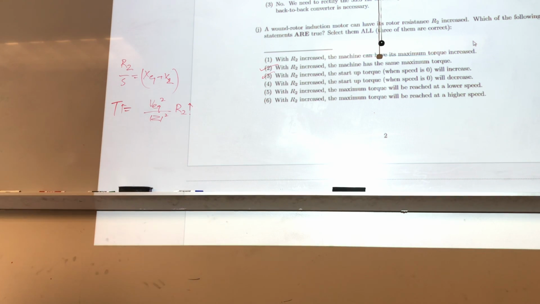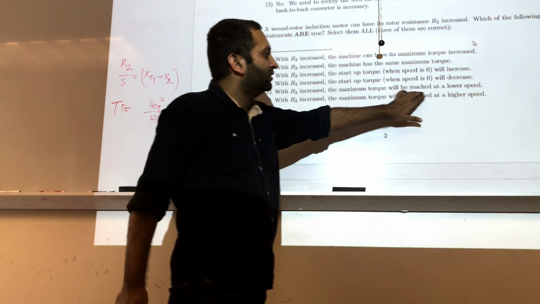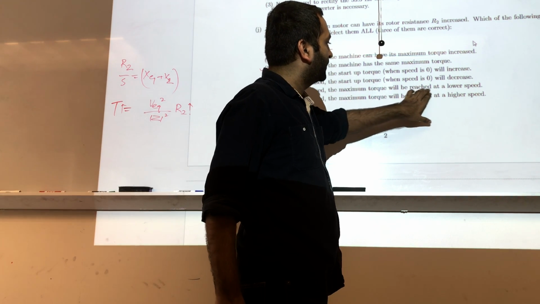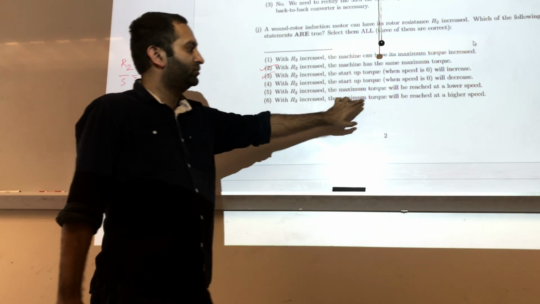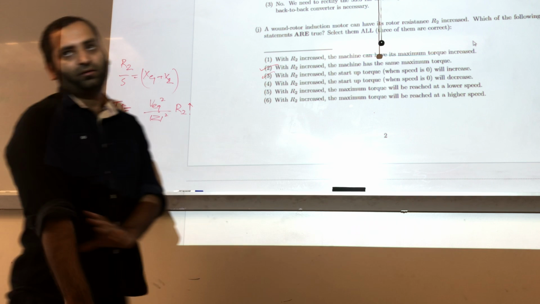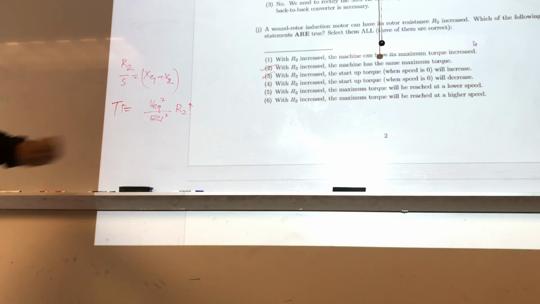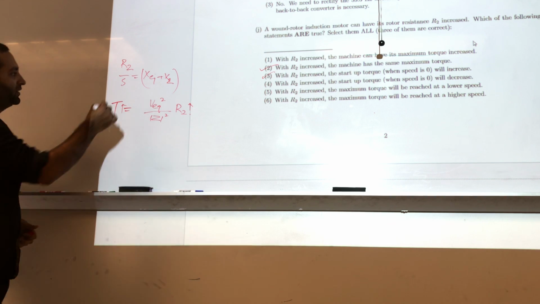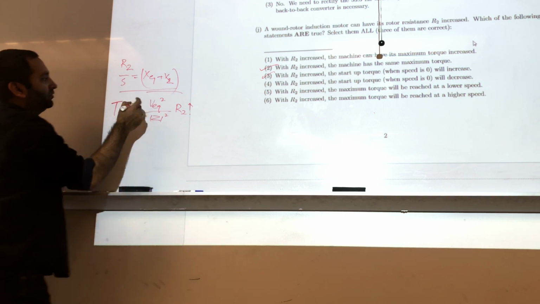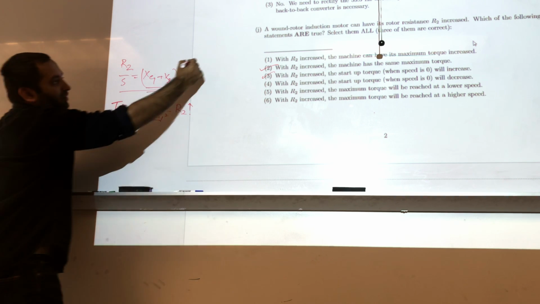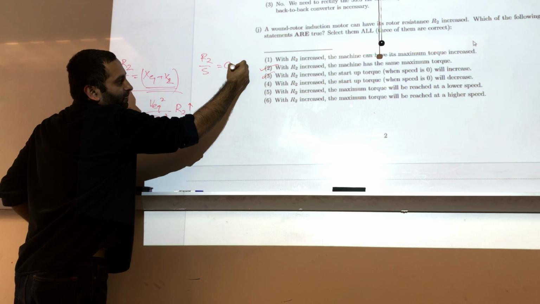And then the next statement is, when R2 increases, the maximum torque will be reached at lower speed. And the other is, when R2 increases, the maximum torque will be reached at higher speed. How do you analyze that? It's still the maximum torque, so you have to go back to this. We know R2 over S is constant.